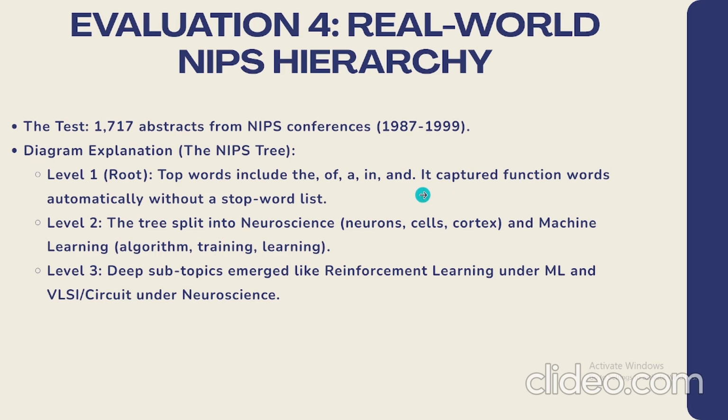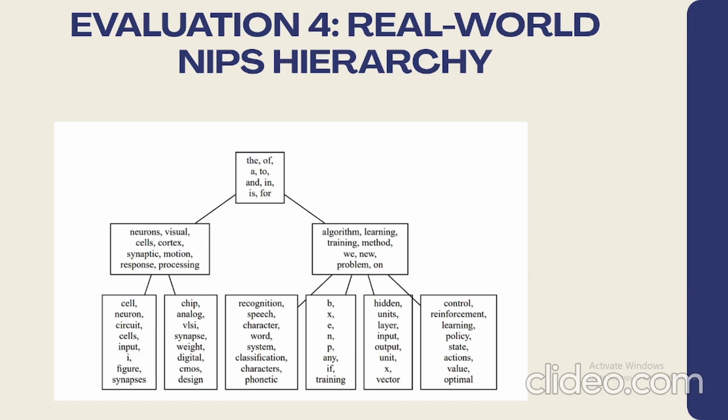We'll see in the next slide what kind of tree the model obtained. This is the final tree. The root is full of words like the, of, a. It then branches into two major research clusters, which are neuroscience and machine learning.